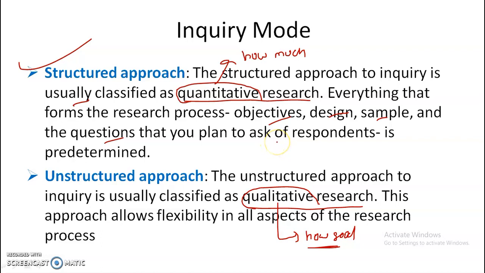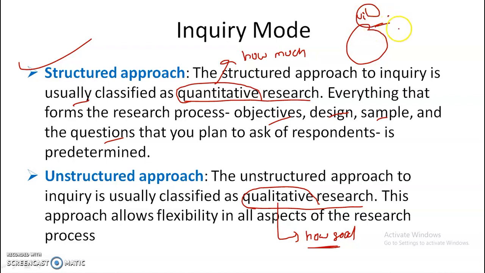It is more appropriate to determine the extent of a problem, issue or phenomenon by quantifying the variation. A very good example for the structured approach is how many people have a particular problem, how many people hold a particular attitude. For example, if you are taking any one village, how many people are having one particular problem in that village.